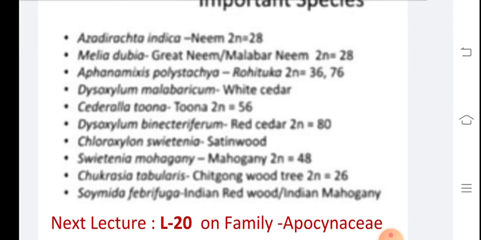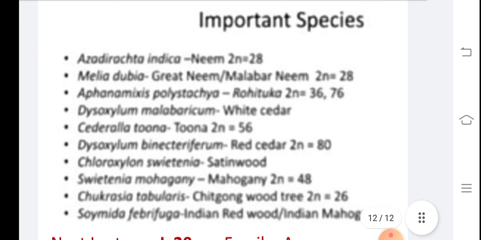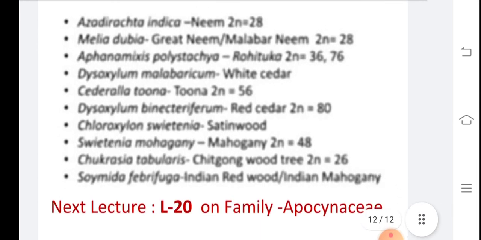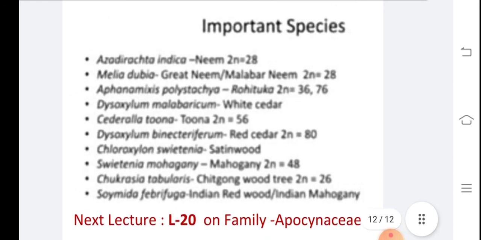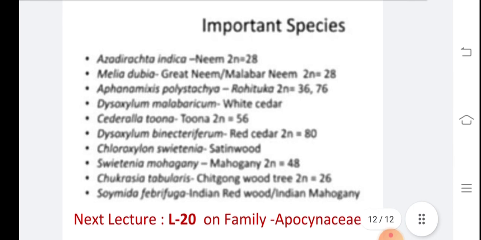Other species is Walsura. Then Dysoxylum malabaricum, white cedar, Cedrela toona, 2n equals 56. Chloroxylon swietenia, commonly called satinwood, and this one is Swietenia mahogany. So remember any 2-3 examples from this with proper genus and species names.